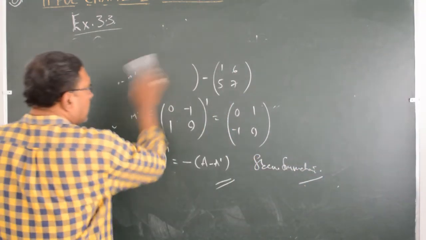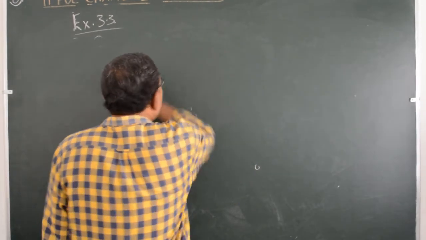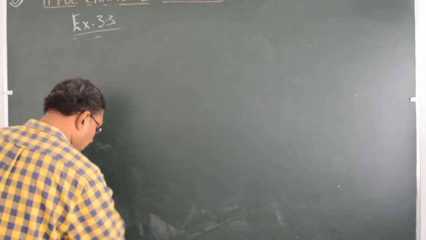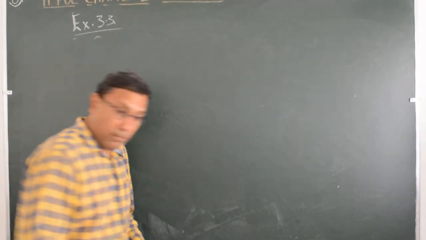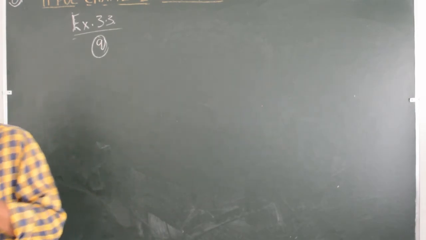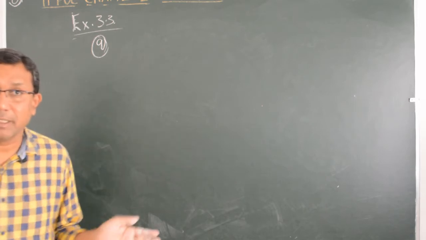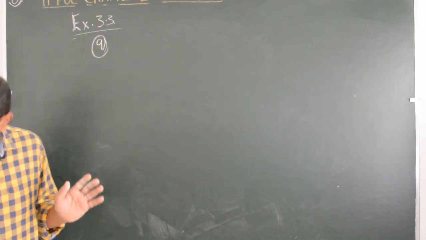Let's go to the next, ninth problem. In the ninth problem, we have a given matrix, and again we need to find whether this is symmetric or skew symmetric.